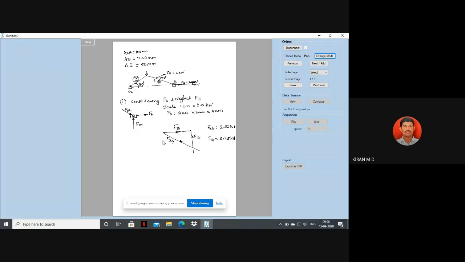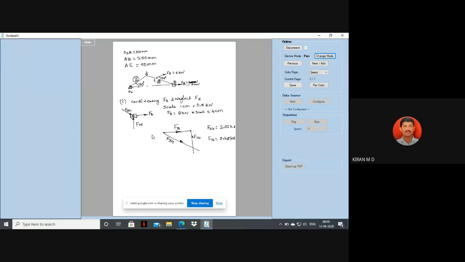So use a larger scale. Even if it is 2 kilonewton, you can draw up to 100 mm for the horizontal line according to the scale. Now you got only 4 centimeter, we can use 10 centimeter also, by using 0.2 kilonewton. Then you will get exact values with the larger diagram. Try to do that.